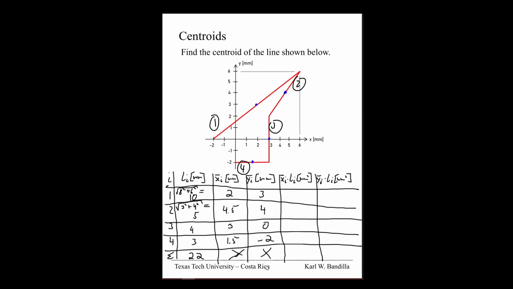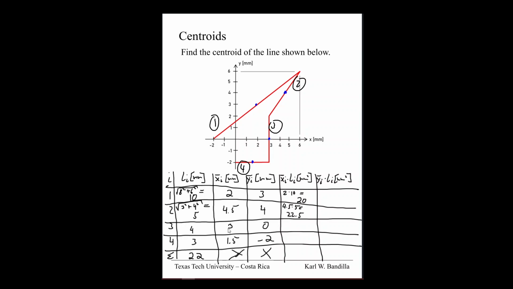Now it's just calculations, right? If this were in Excel, then we'd basically be done by now. So we say x bar i times Li, so that'd be 2 times 10 is 20. Then we have x bar i 4.5 times 5, and that is 22.5.